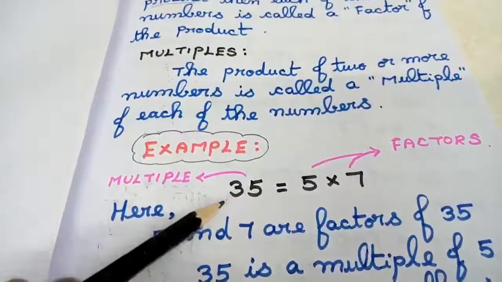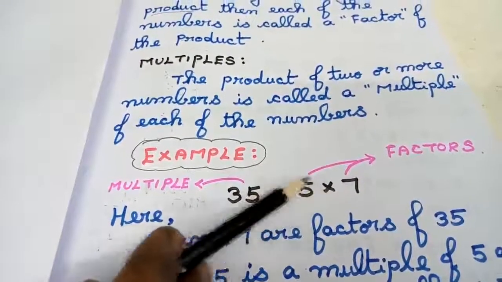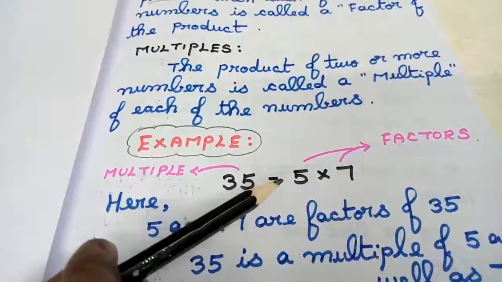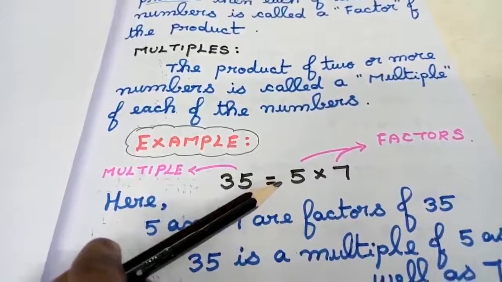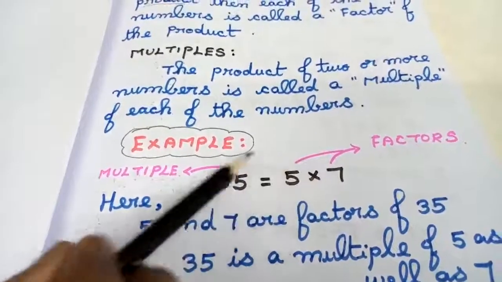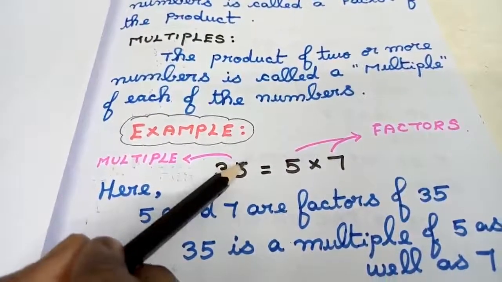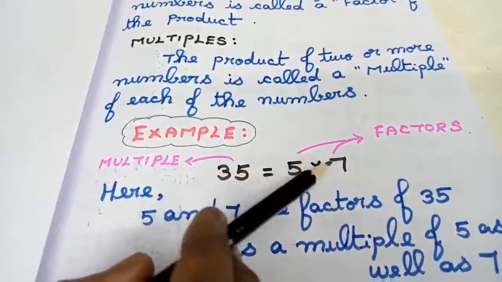If I have the number 35, this 35 can be written as 5 into 7. The possible way of splitting that number into smaller numbers is 5 into 7. Except 5 into 7, I will not get any other factors. 35 is a number, and I am splitting that 35 in the form of multiplication, which is called factors.